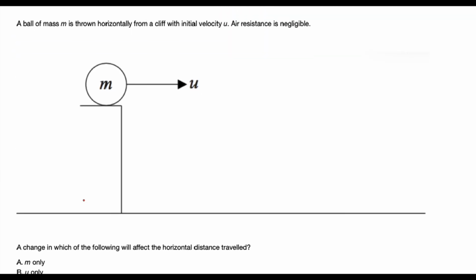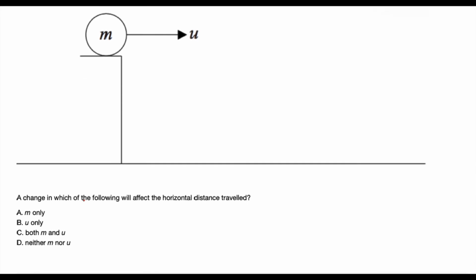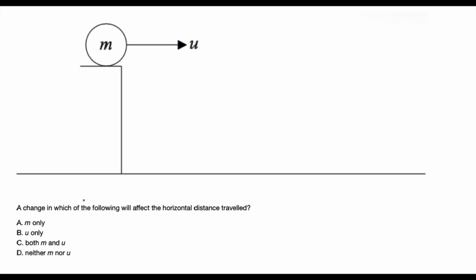A ball of mass m is thrown horizontally from a cliff with an initial velocity u. Air resistance is negligible. A change in which of the following will affect the horizontal distance traveled? The initial horizontal velocity and mass. Horizontal distance is equal to horizontal velocity multiplied by time, right?